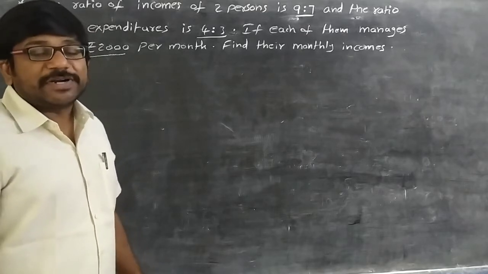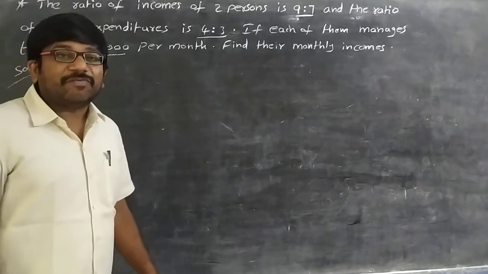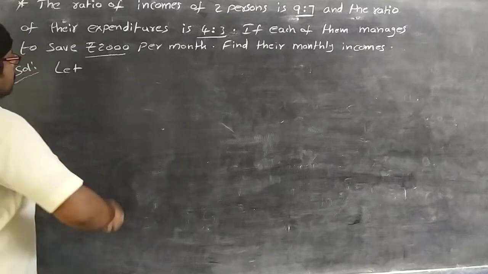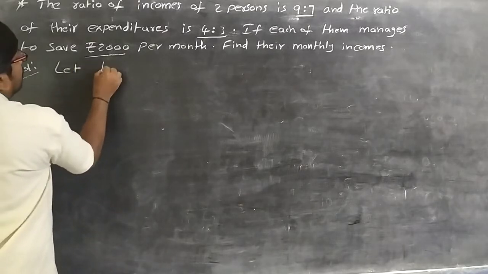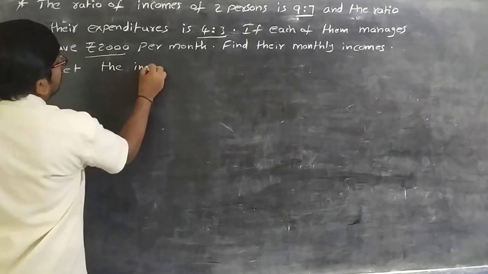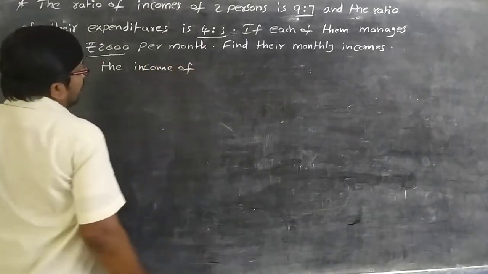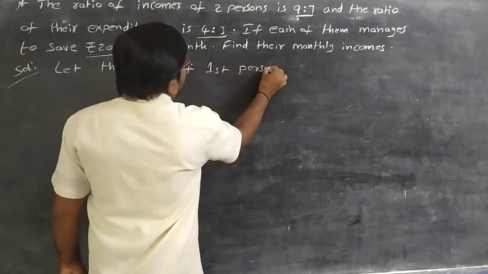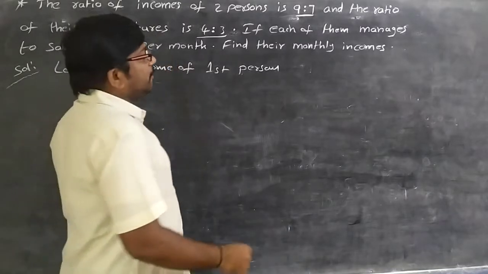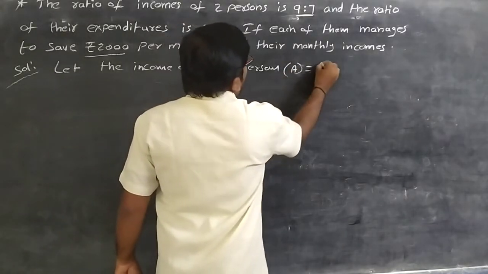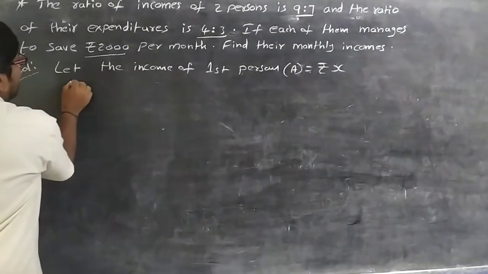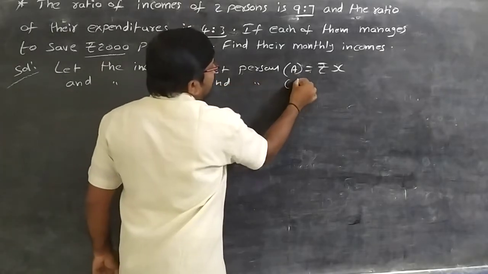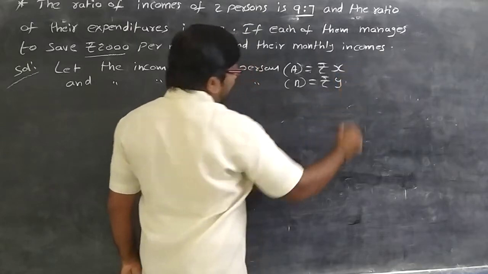Let the income of the first person, say a, be x rupees, and the income of the second person, say b, be y rupees, right?